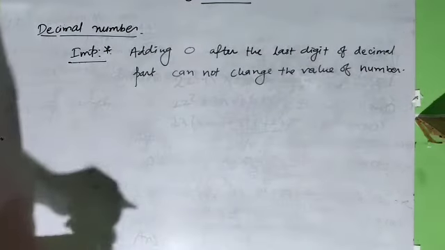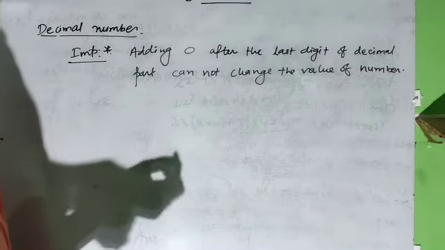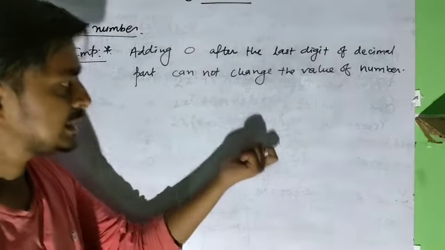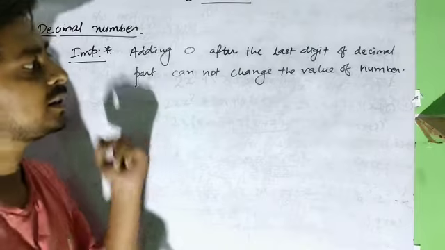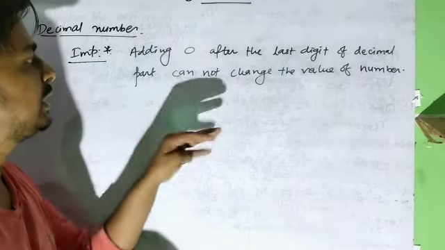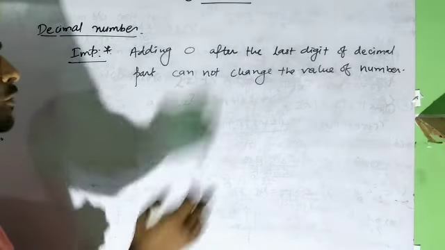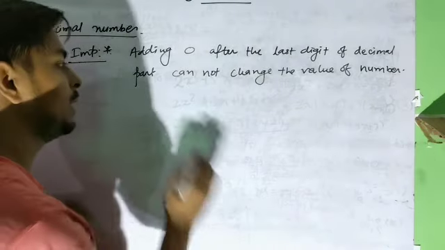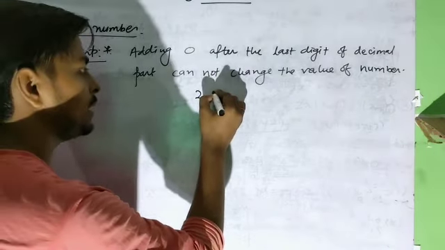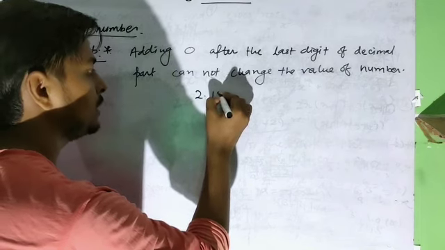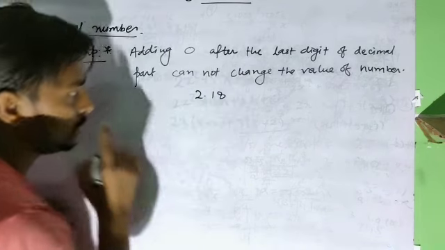Means if any number is given, then what is the last digit in the decimal part? After that digit, if you extend some zeros, 1 0, 2 0 or whatever, there will be no change in the value of the number. Suppose the number is 2.18.